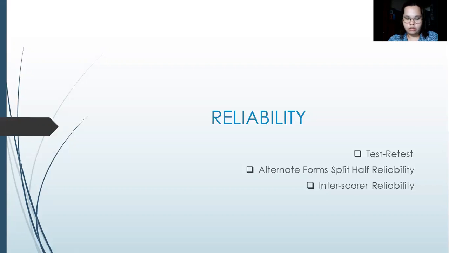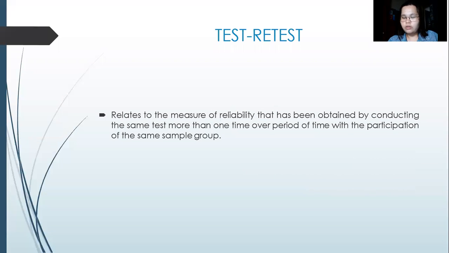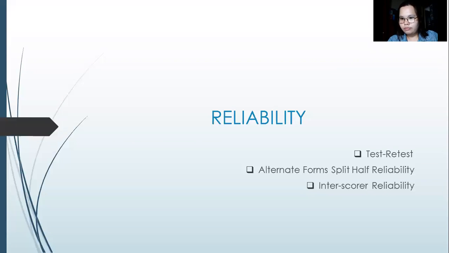Sabi nga kanina doon sa definition, kailangan siya kasi ina-address niya yung binibigyan niya tayo ng accuracy. Pwede tayo mag-rely dito sa test na to. Kumbaga ganon. So next is, paano nga natin makakamit, may tatlo tayong pwedeng gamitin dito na approach.